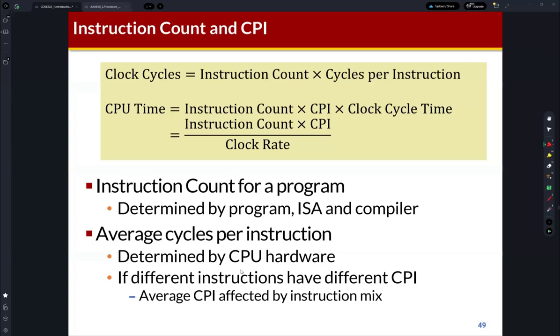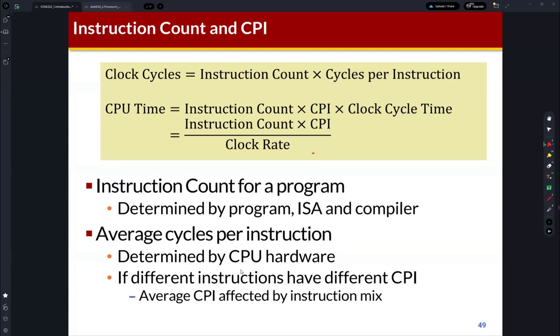So what is the equation? I mentioned that this equation is so important, so you need to memorize it. In this course, we will use this equation. What is the equation?